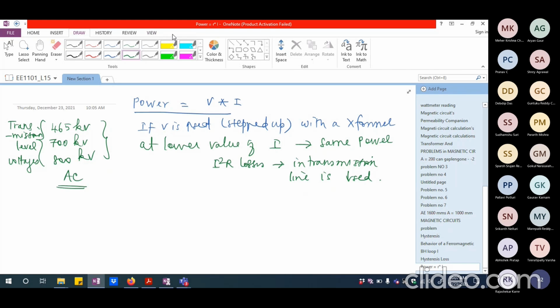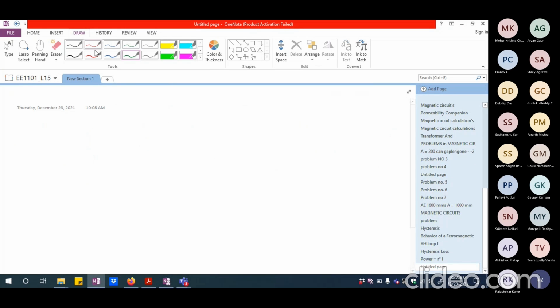Now that you have at least some idea about magnetic circuits and the behavior of ferromagnetic material, we are going to start on electrical machines. We will only see the fundamentals of some of them. Specifically, we have a static machine, which is the transformer.